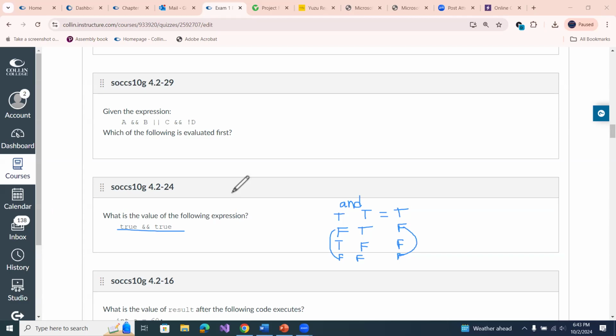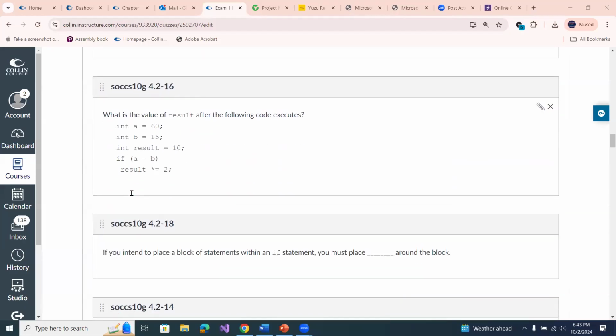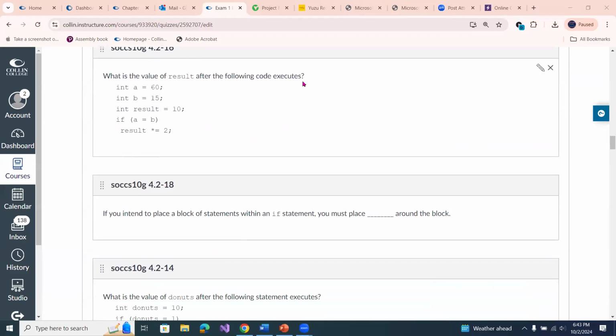Okay, let's clear that. What is the value of result after the following code executes? So A is 60, B is 15, result equals 10. Okay, so this is a trick question. We have one equal sign. So what happens here is we're not comparing. Comparing is two equal signs.